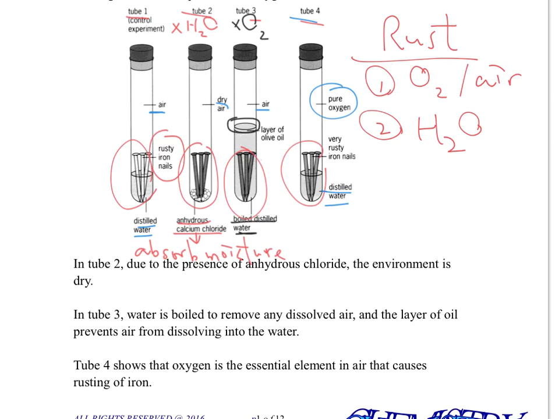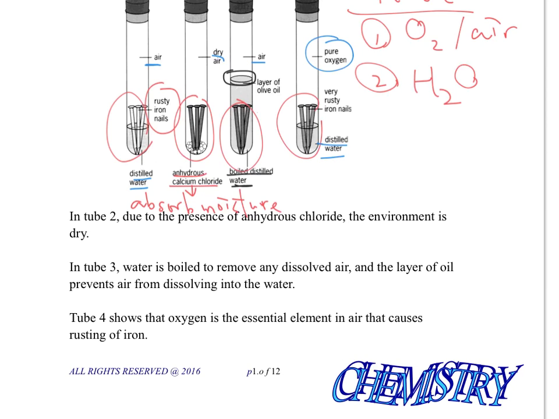If there is no water or no oxygen, there will be no rusting. That means oxygen and water are essential for the iron to rust. Quite easy, right? So I don't mention the following points about tube 2, tube 3 and tube 4, just what I mentioned about the lab. So easy, right?